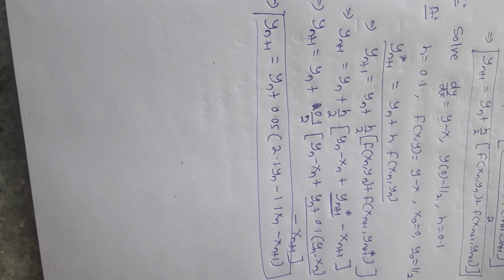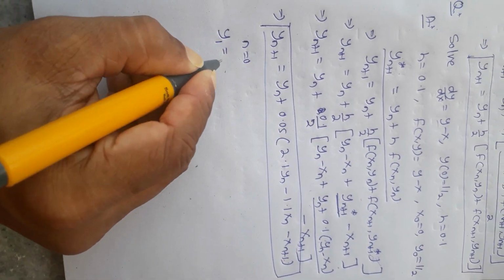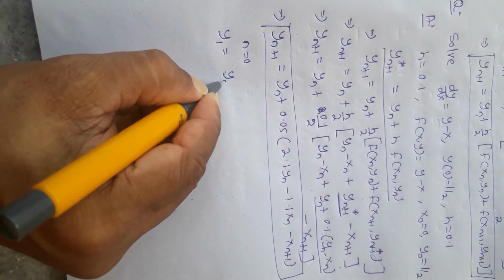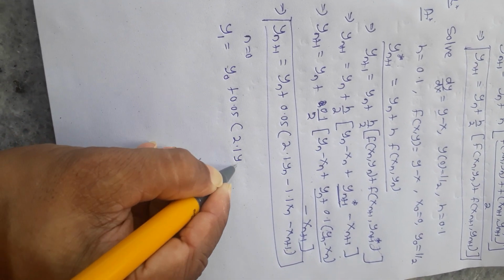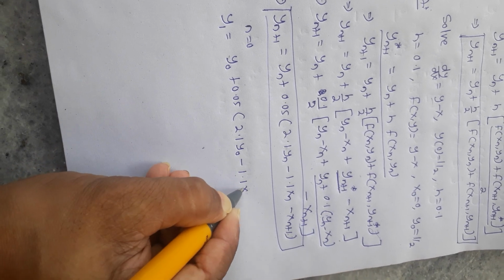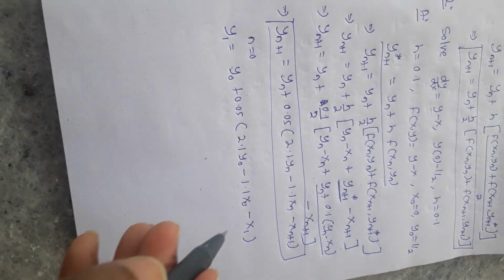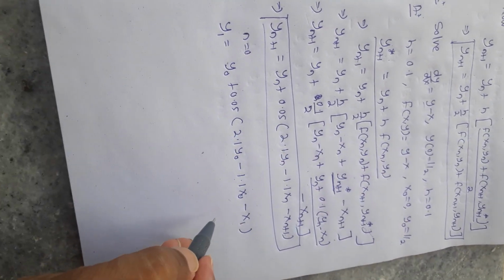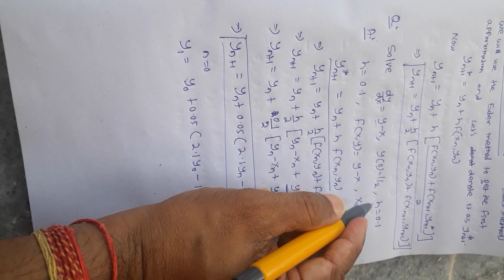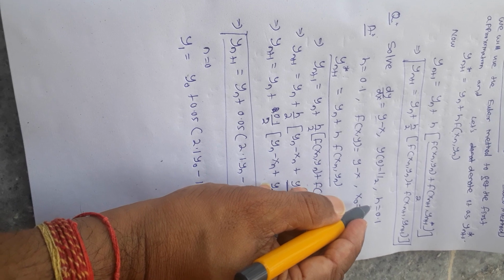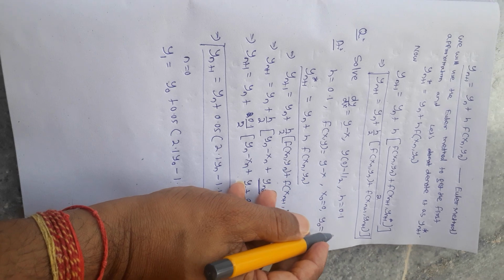So now, putting n equal to 0, we will have y1 equal to y0 plus 0.05 into 2.1 y0 minus 1.1 x0 minus x1. We know x0 is equal to 0, x1 equal to x0 plus h. In my previous discussion, I have already said h is the common difference or common gap in between x0, x1, x1, x2, x2, x3, x3, x4 similarly.